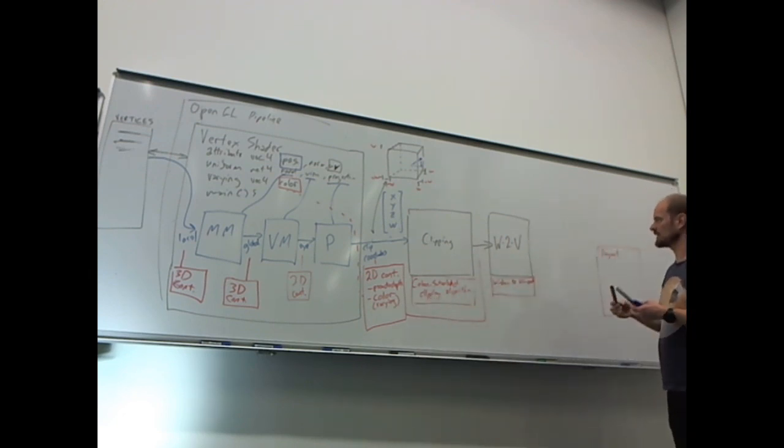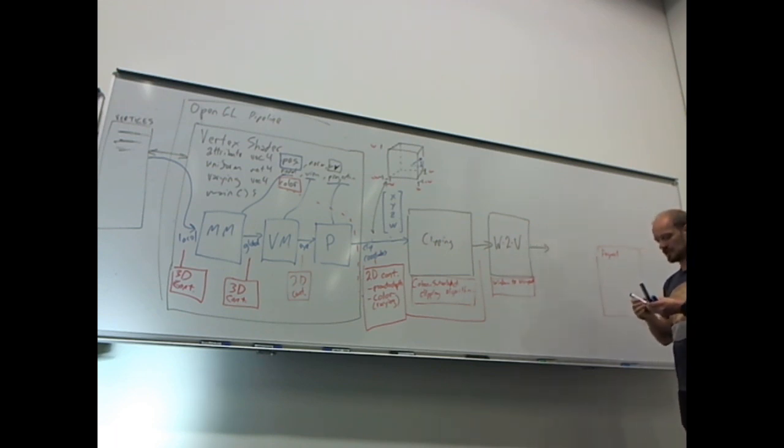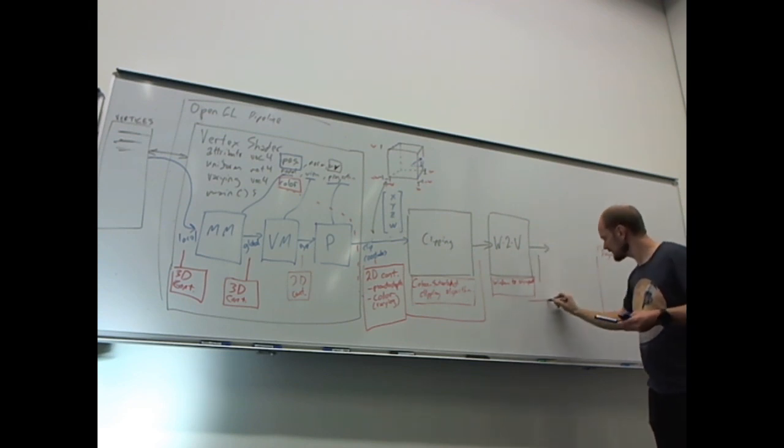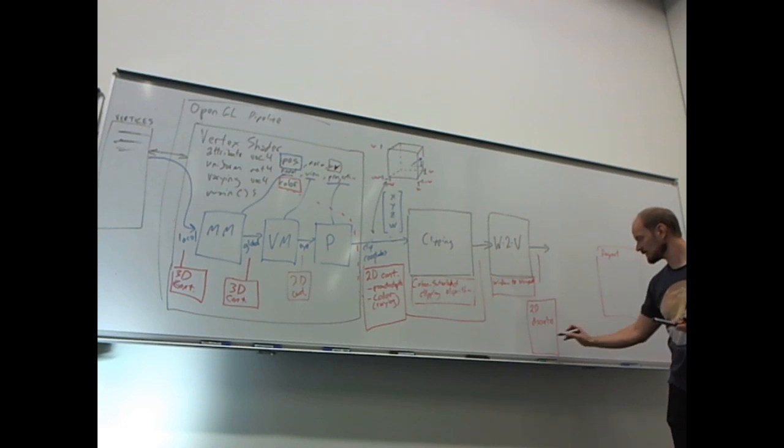Now the question is, at this point, what kind of coordinates do we have? I'm going to allow myself to call these two-dimensional discrete coordinates.